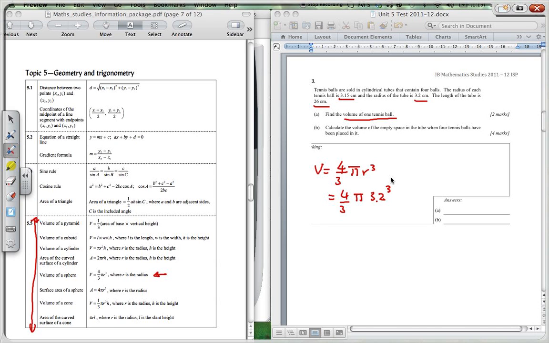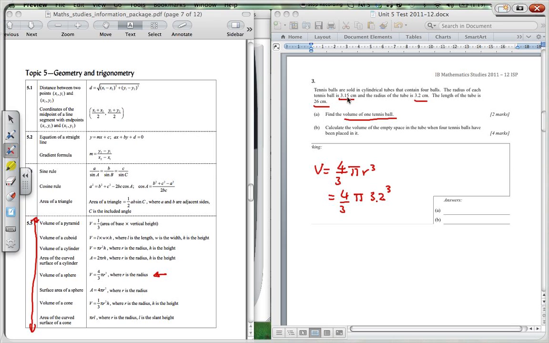So we're going to get 4 divided by 3 times pi, times 3.2, and we're going to cube that, and we get 137.25.